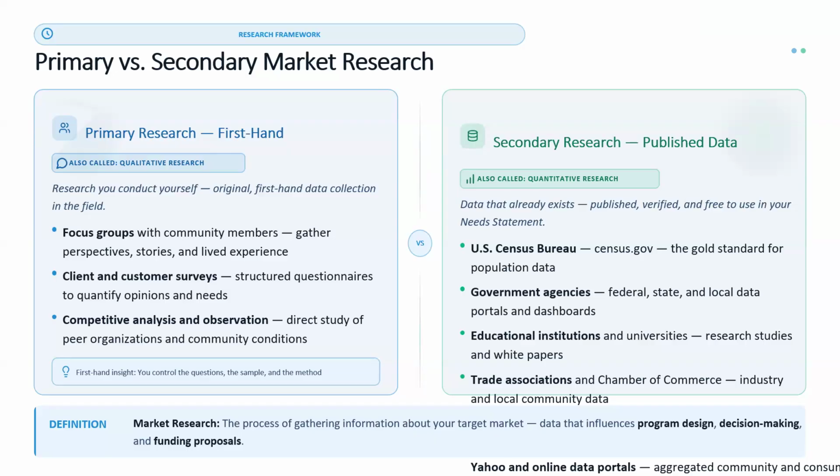Again, this is very important when you are going to try to get money or convince somebody of what the problem is. Primary research is qualitative research, and secondary research is quantitative research. Both are very important. One is subjective, when you do a focus group to ask the person about something, and the other is when you go to the Census Bureau to get information.